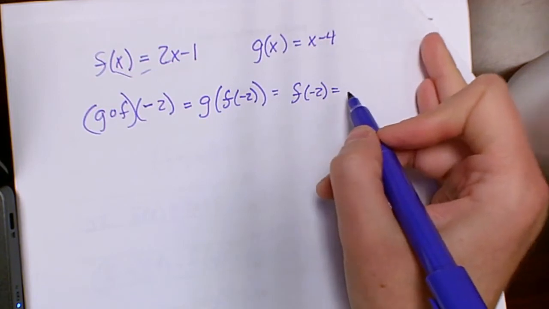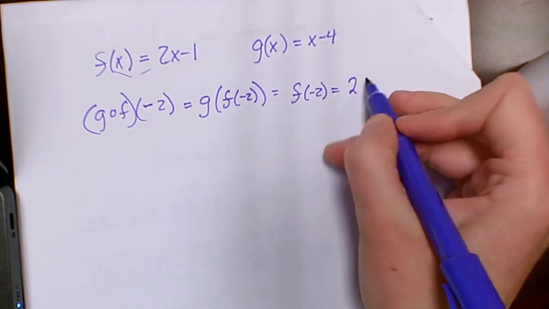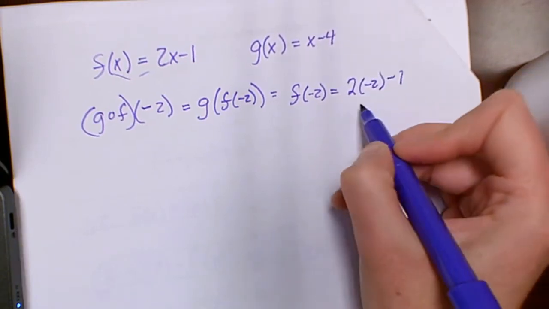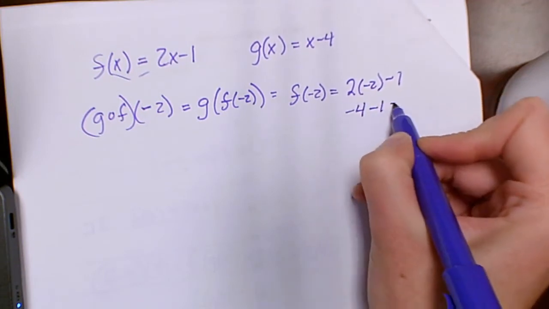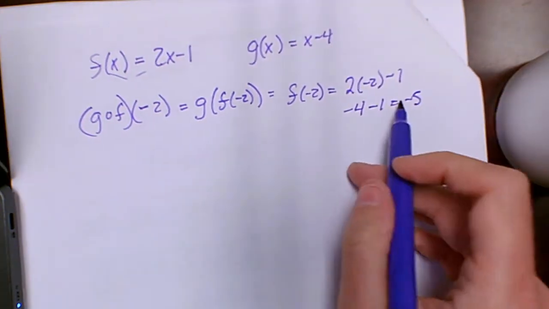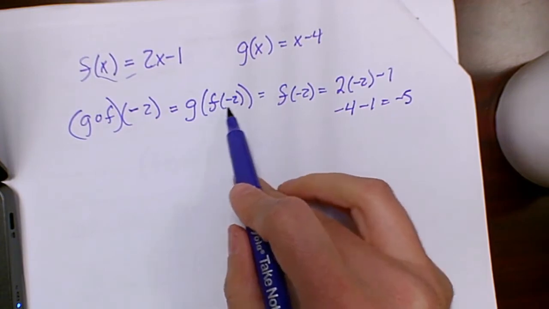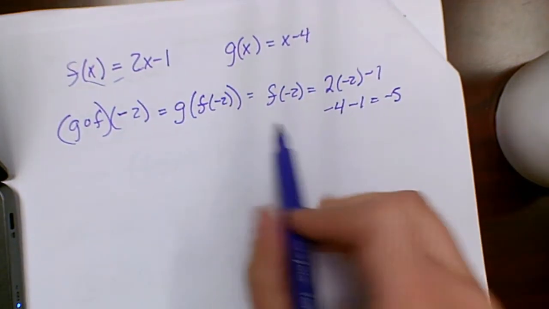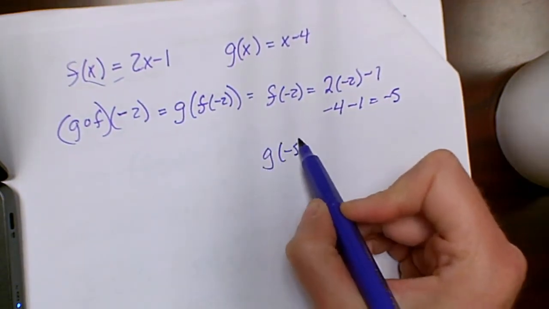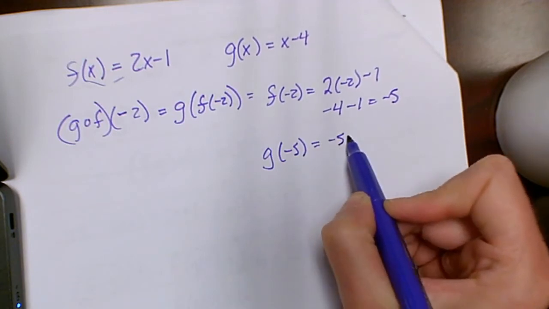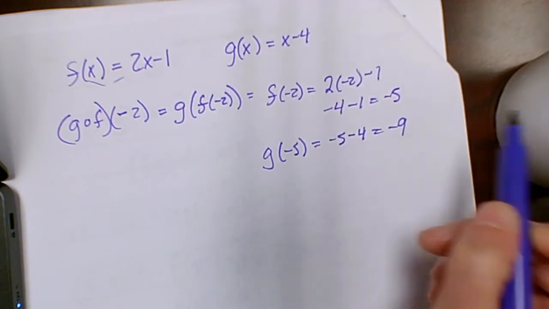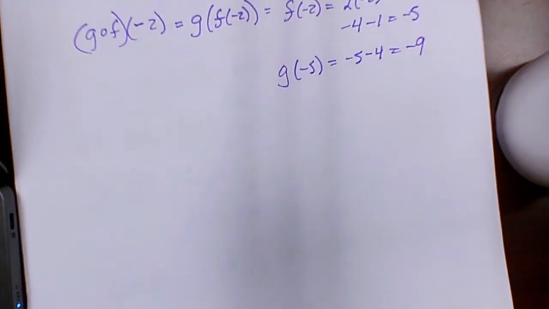So this is like evaluating functions again. You just have to use the correct function. So now we have f of -2 is -5. We're going to plug that -5 into the g. So our answer is -9.